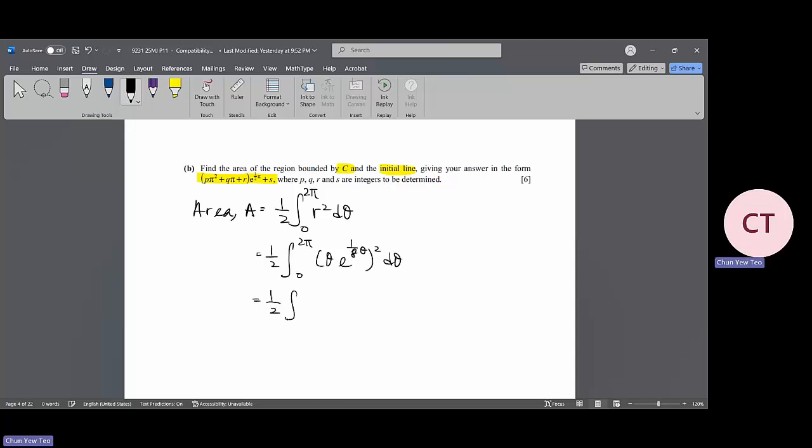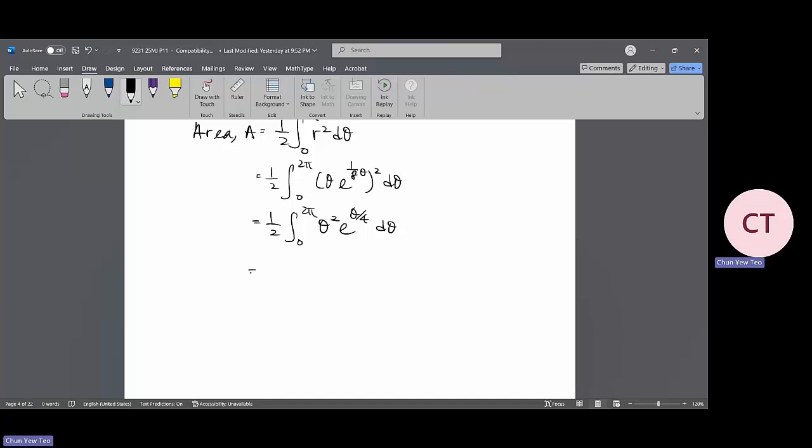Then you will get theta squared e power theta over 4. So we need to use integration by parts. I just do it directly. I get 4 theta squared e power theta over 4 minus the integral of 8 theta e power theta over 4 d theta.